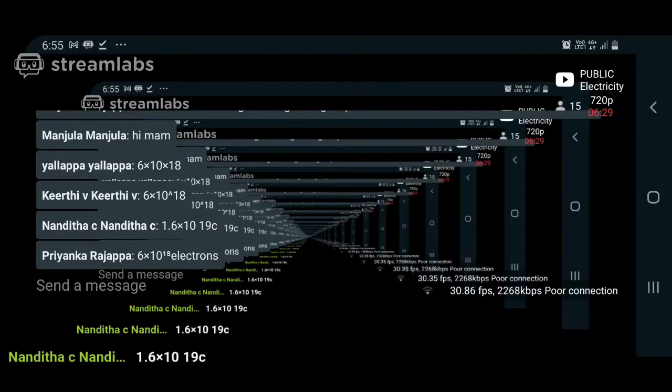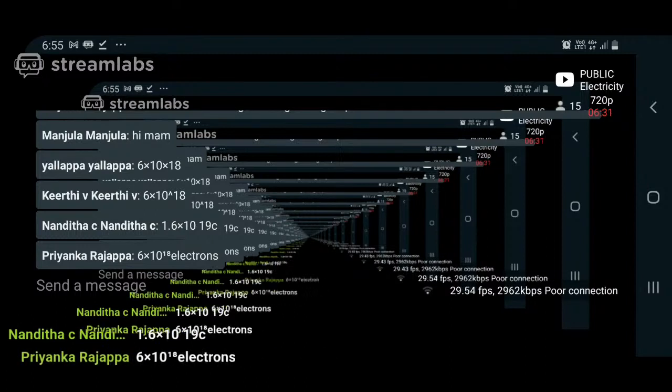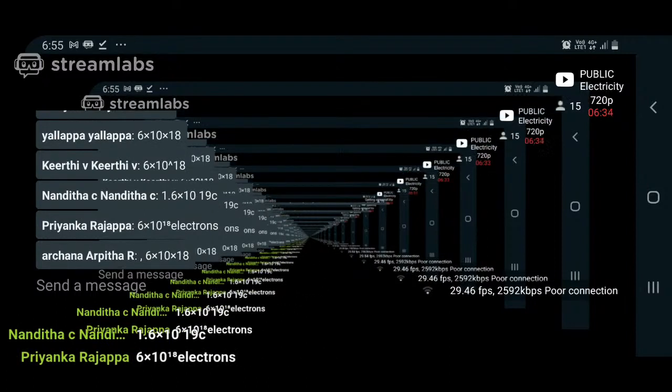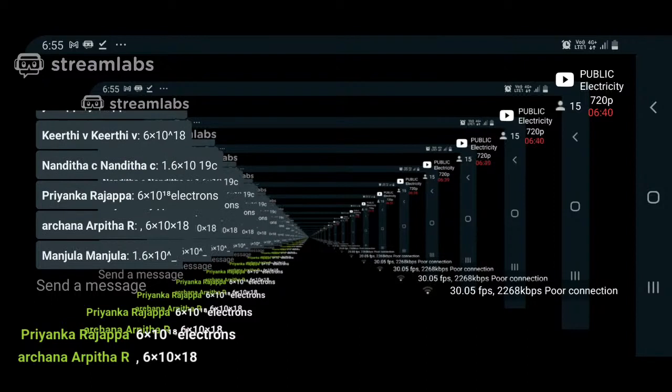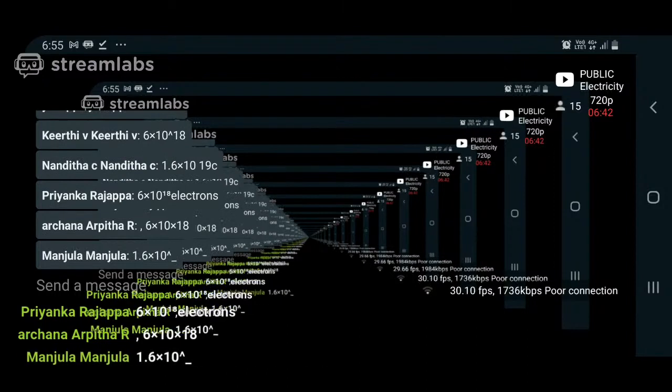That's wrong. Yeah, Priyanka, that is correct for the previous question. That is for coulomb. 1 coulomb, the value is 6 into 10 raised to 18. Good. But I already gave one more question. What is the value of each electron?